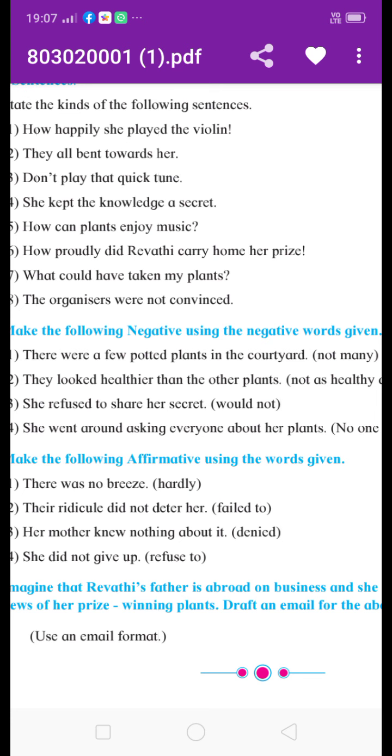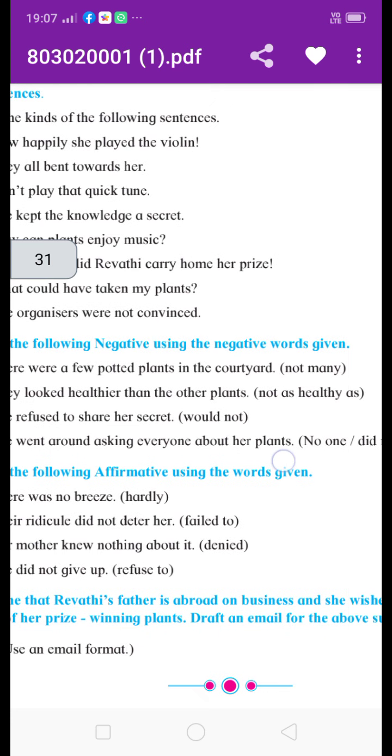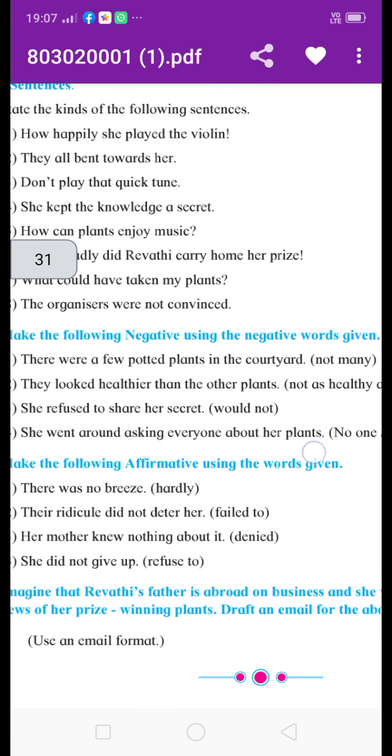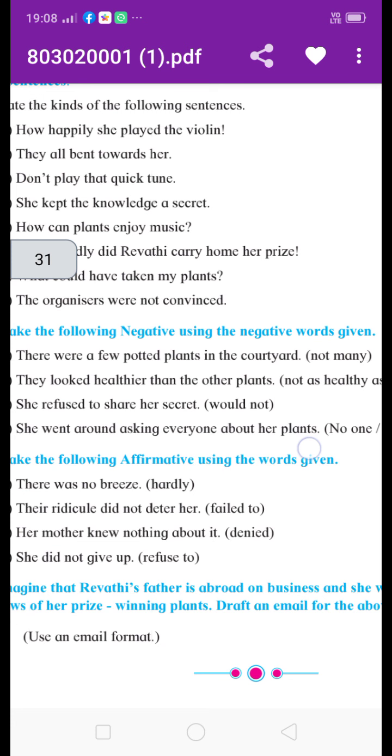Okay, the next sentence: they looked healthier than the other plants. How are we writing? They looked not as healthy as the other plants. Remove 'healthier than'. Instead of that we can write the positive degree.